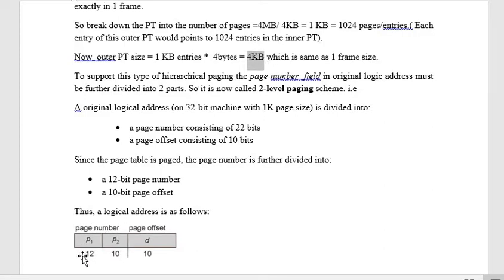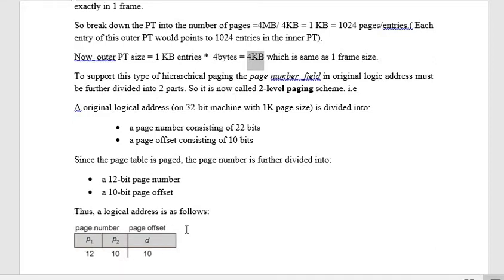Out of 22 bits, if 12 bits represent the outer table, the remaining 10 will be used for the inner page table, which is the normal offset, because within the internal pages we have many lines. That offset can be directly added to get the particular location on the physical memory.